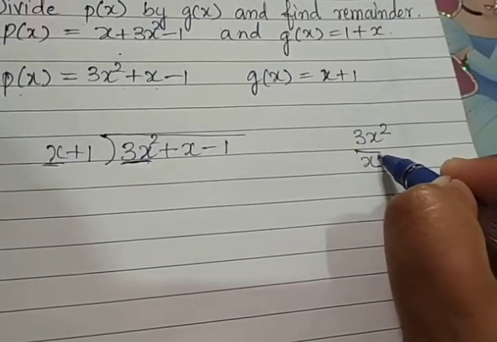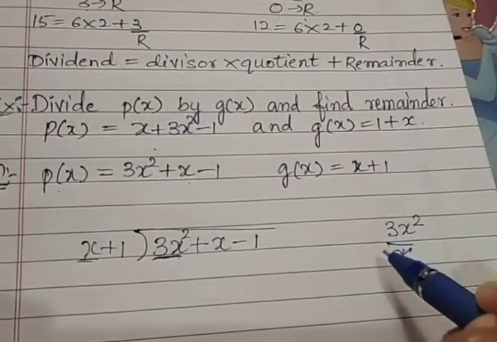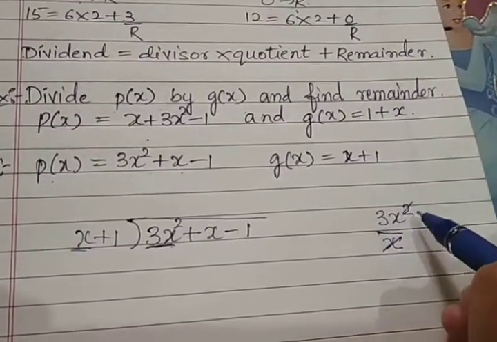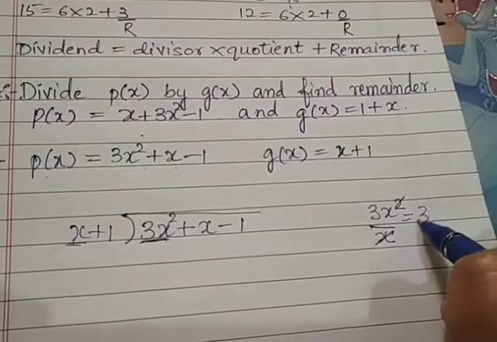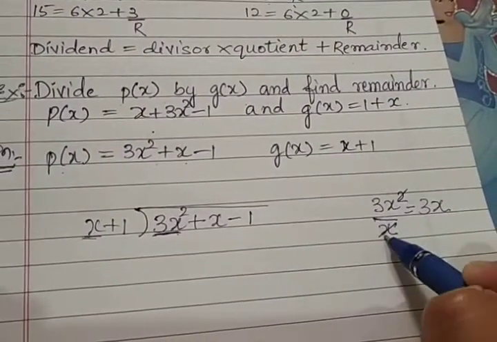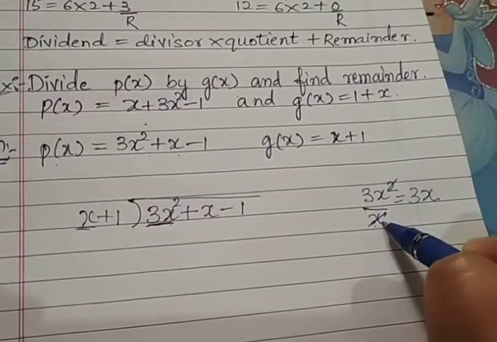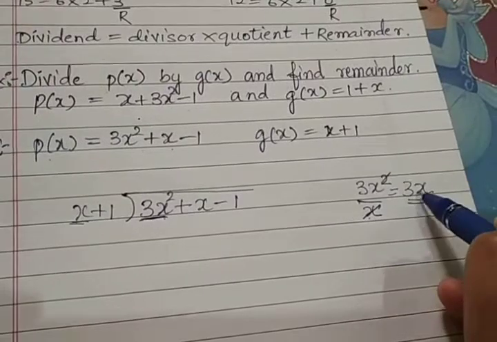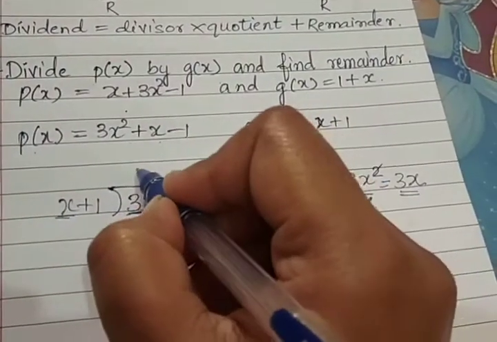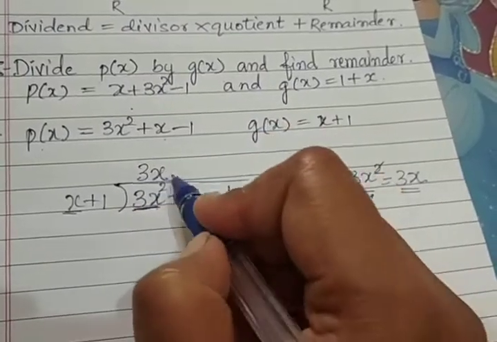Now when we divide, x and x get cancelled and we get the quotient as 3x. We already know the division of a monomial by a monomial. So 3x square divided by x gives 3x, and this 3x should be placed in the quotient.